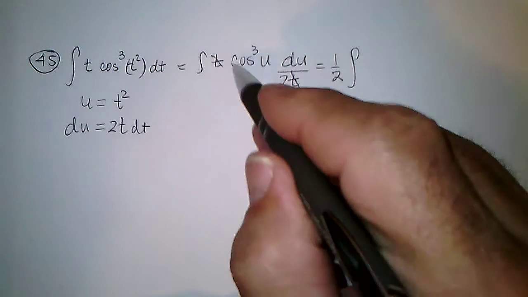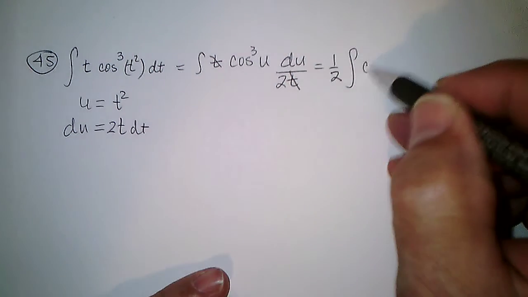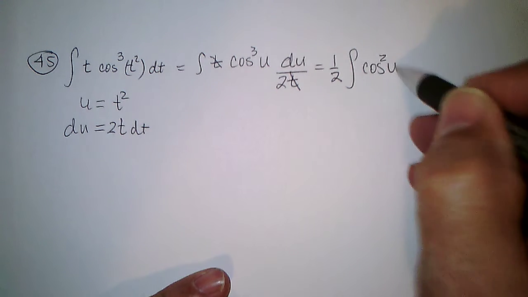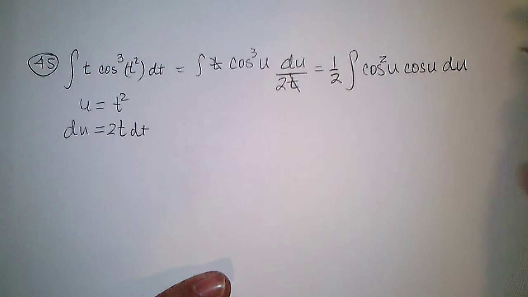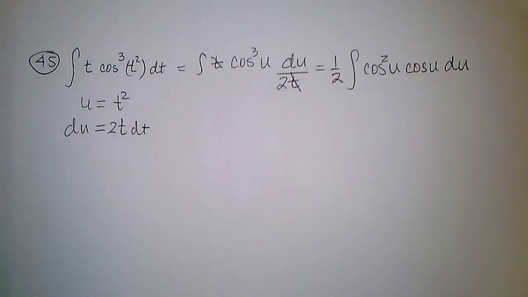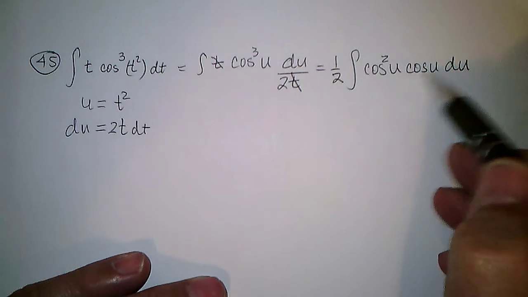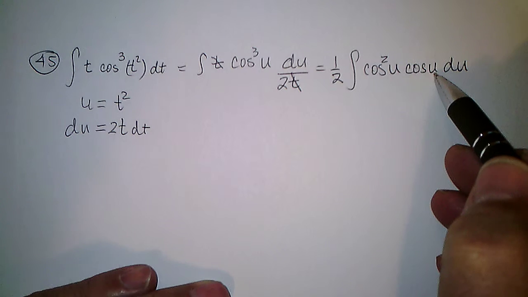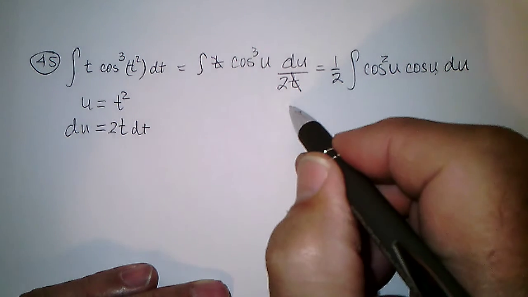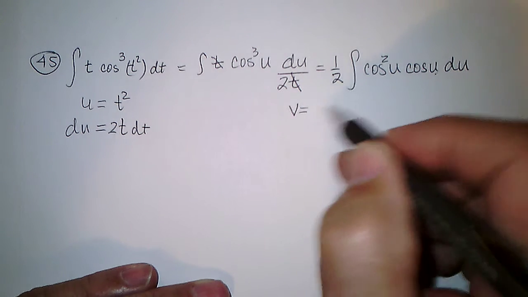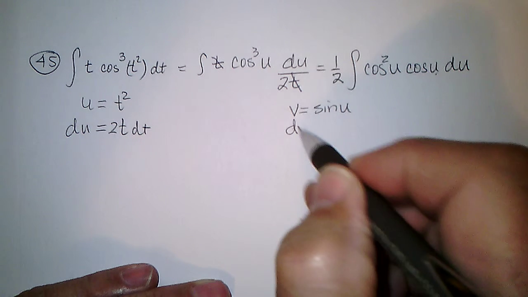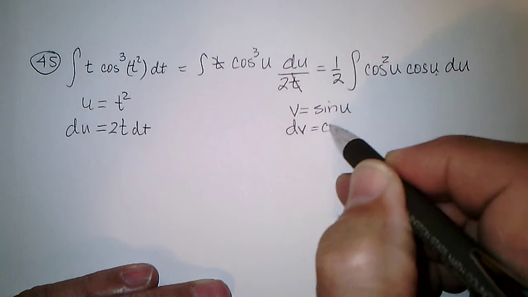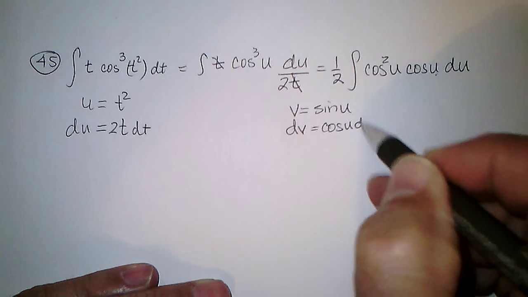of, this is an odd power, so I'm going to write cosine squared u cosine u du. And cosine is the derivative of sine, so I'm going to make a second substitution. I'm going to let v equal the sine of u. dv would equal cosine u du.